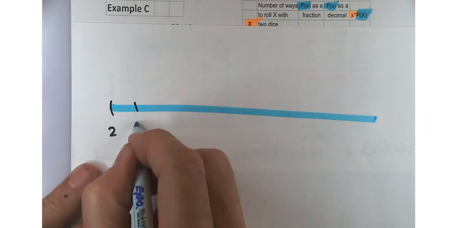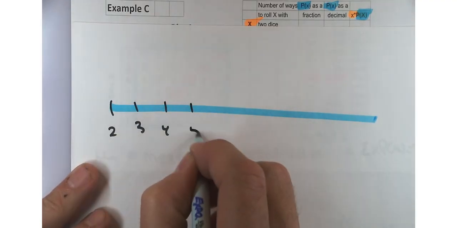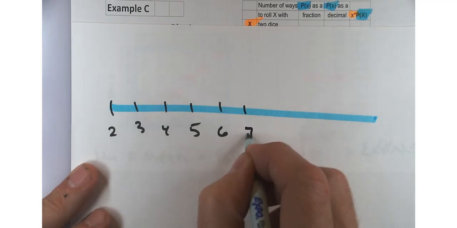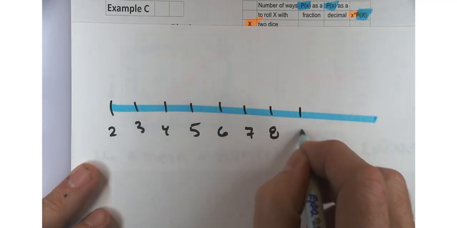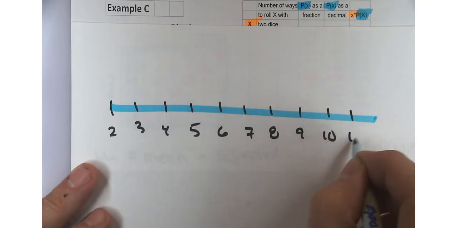Let's take a look here. 2, 3, 4, 5, 6, 7, 8, 9, 10, 11, oh, perfect, 12.